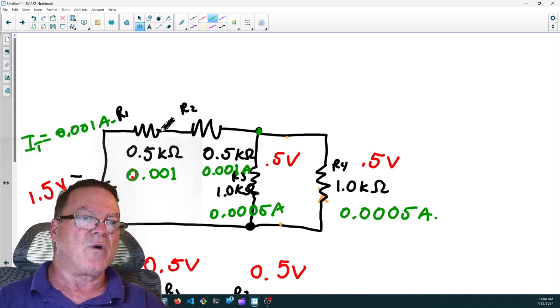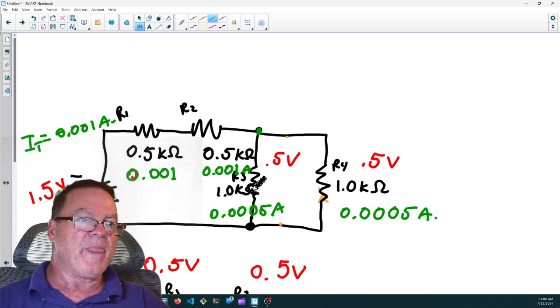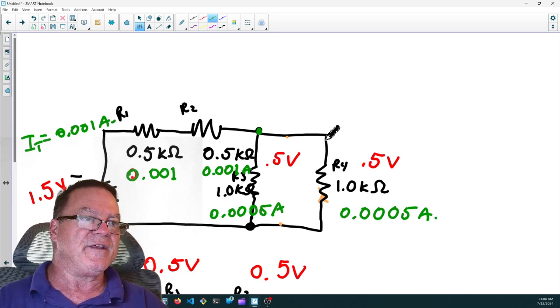So that current flows through R1, it flows through R2, and then when it gets to this node, it splits at half of it. 5 10,000ths of an amp flows through R3, and the other 5 10,000ths of an amp flows through R4.